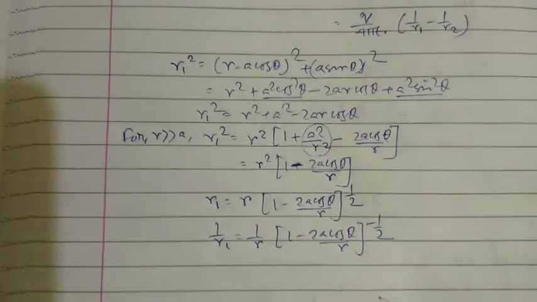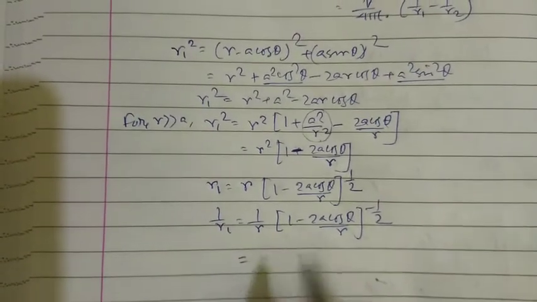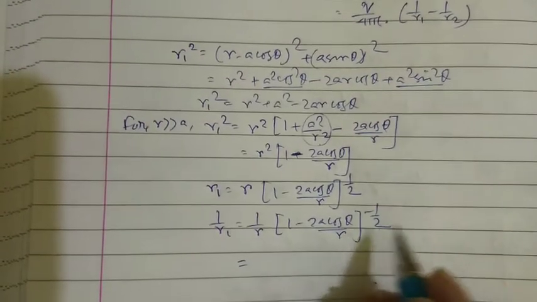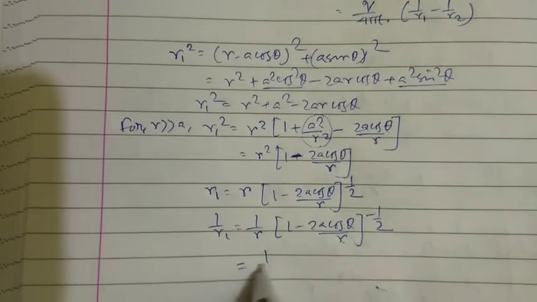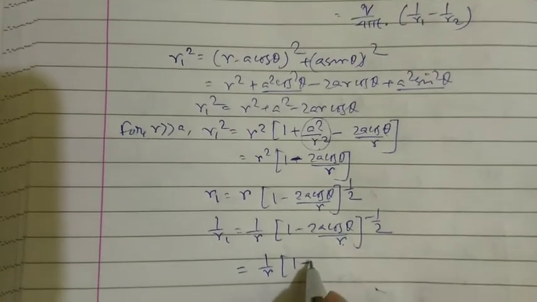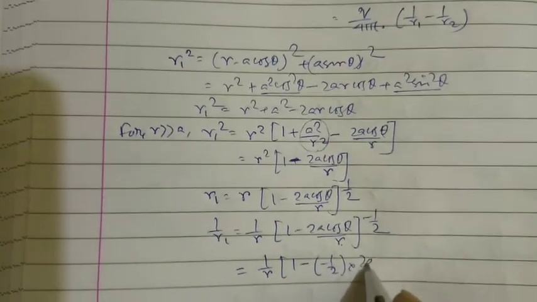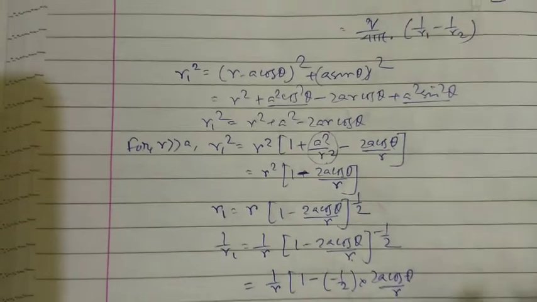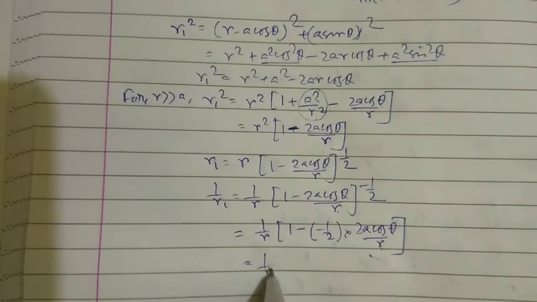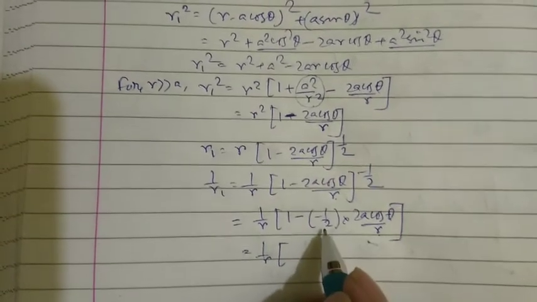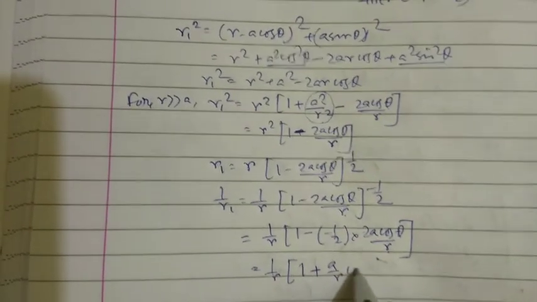If we expand by binomial and we neglect the higher order terms, since R is very great, we can write 1 minus half into minus 2A cos theta by R. There will be more terms but we will neglect them because R is very great. So we get 1 by R, this 2 will cancel, minus minus plus, so 1 by R1 equals 1 by R (1 plus A by R cos theta).